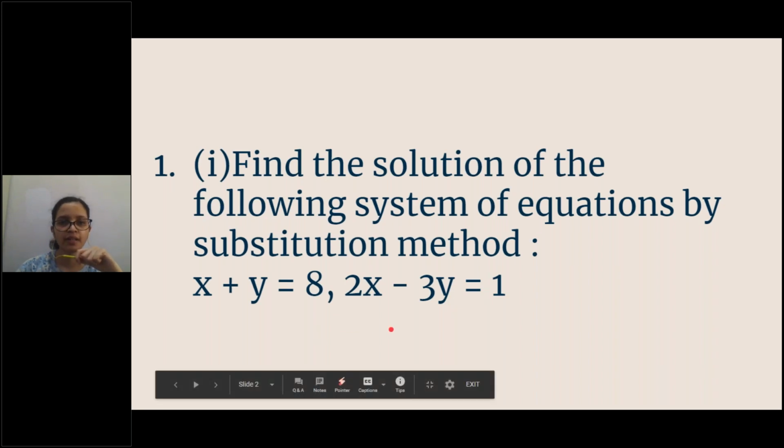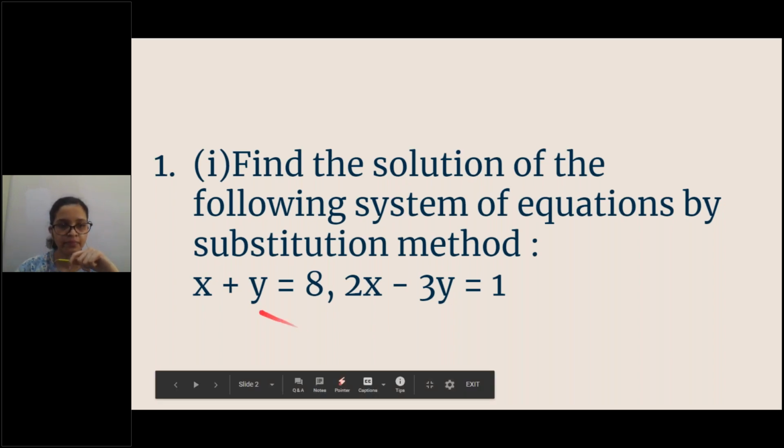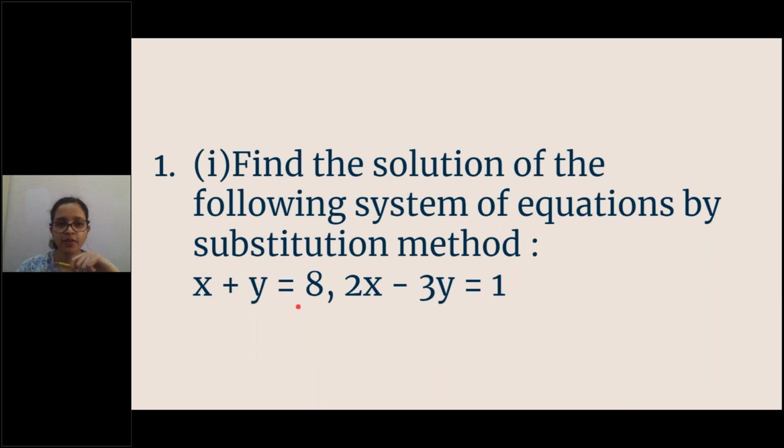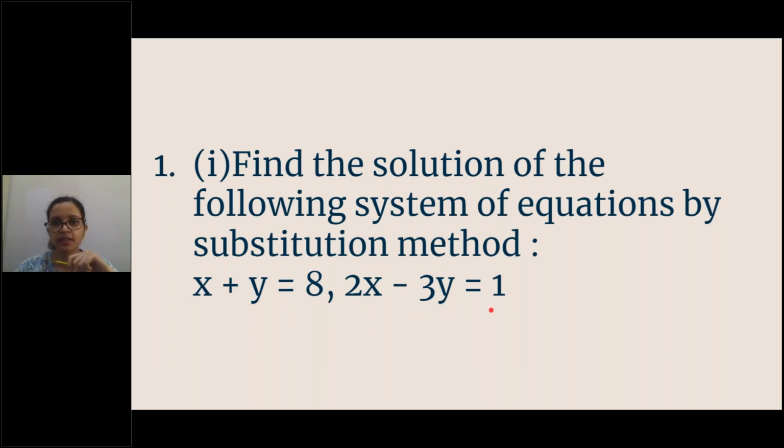Are you sure about the answer? Smera, your answer is right. Krish, yes. Take the first equation, x plus y is equal to 8. From that you can write y is equal to 8 minus x and substitute that value in the other equation. Yes, Manasvi. Yes, Navya. Ayush, yes, that is right.